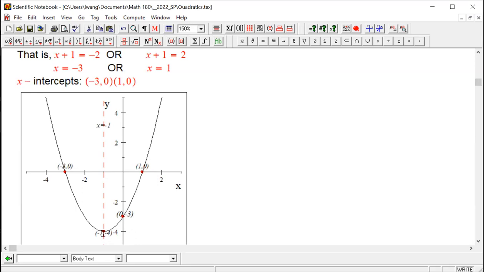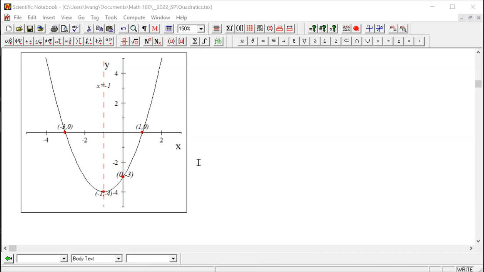From -4, all the way up to infinity. So we can tell the range of the function. Domain and range are answered along the process.